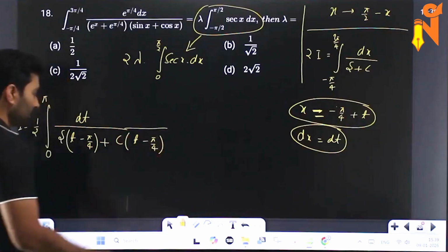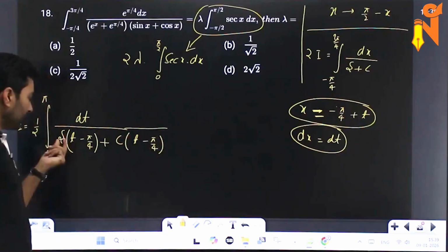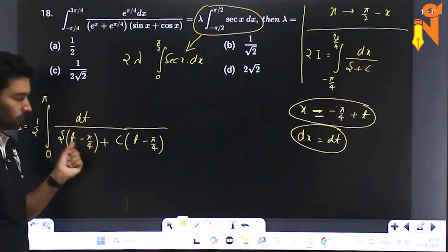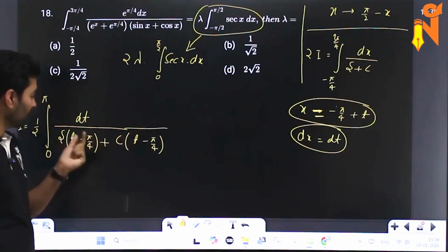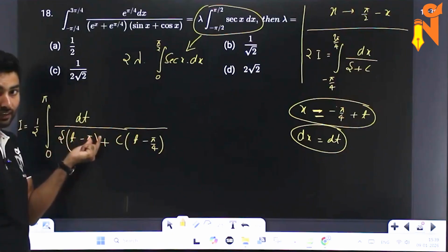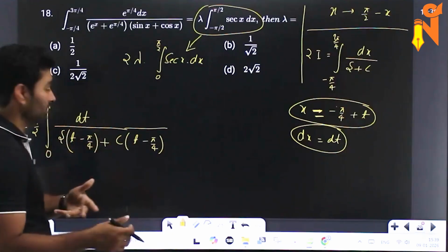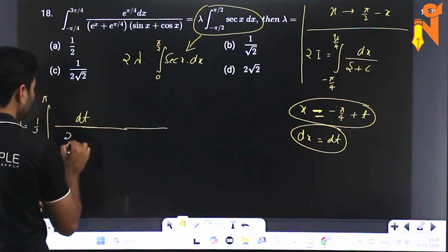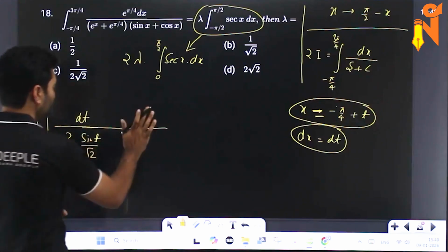Don't write every step, you have to be very smart. (sin t minus cos t) by root 2, plus (cos t plus sin t) by root 2. Cos will get cancelled, sine will come twice. So twice of sin t by root 2. I hope this is clear.